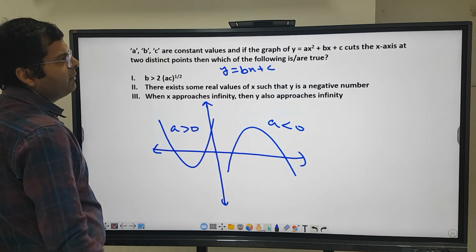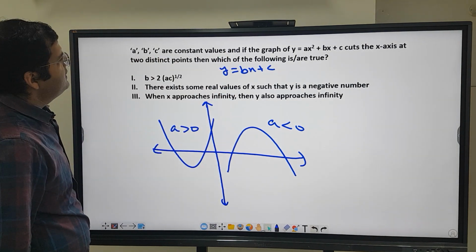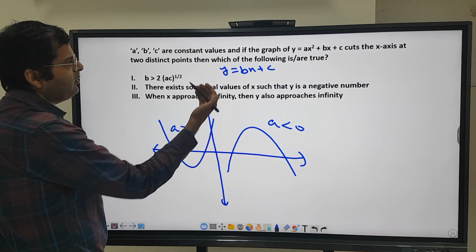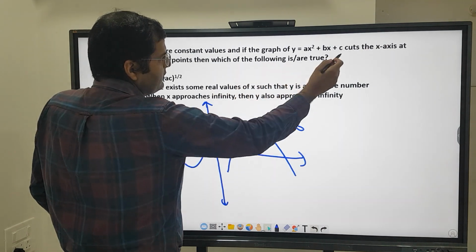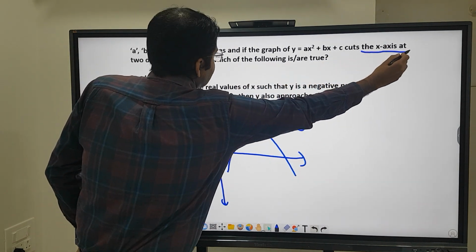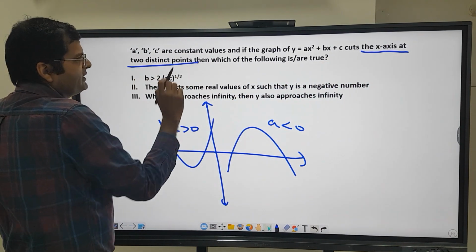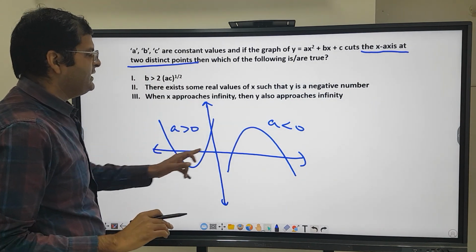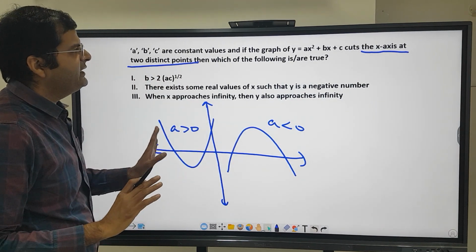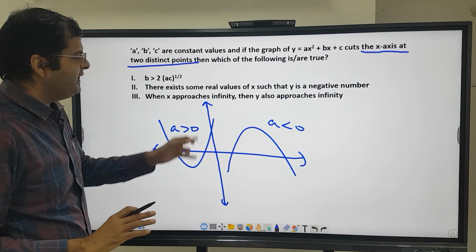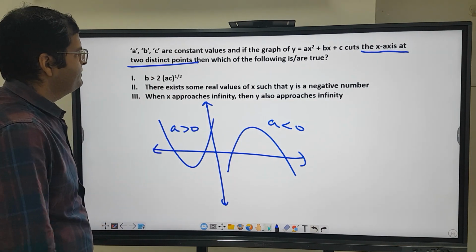But it has to be a quadratic. Why? Because A cannot be 0, because it says it cuts the x-axis at two distinct points. If it is cutting the x-axis at two distinct points, that means it has to be a quadratic. So the graph is either like this or like this.